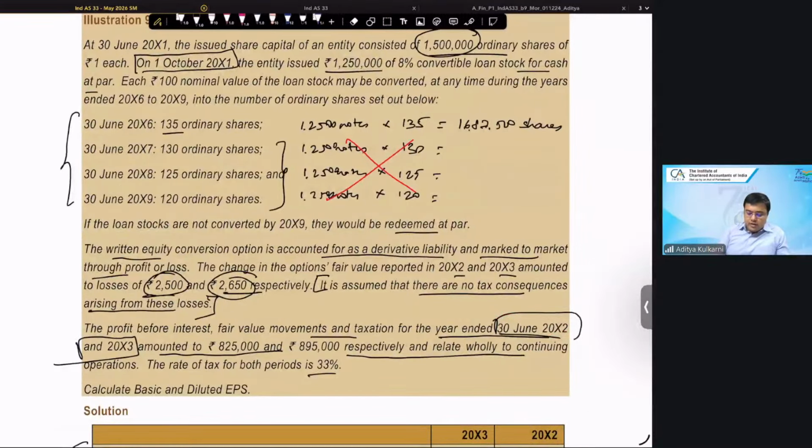We have not considered these three. We considered this. Why did we consider this? We considered this because this is the maximum possible conversion and therefore maximum possible dilution. So this one assumption you will have to write it down. You make an assumption, but you do not write it in the answer. That becomes a problem.